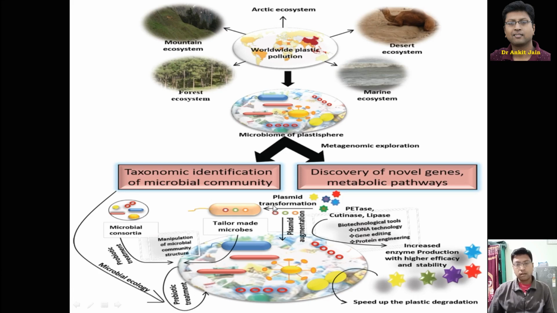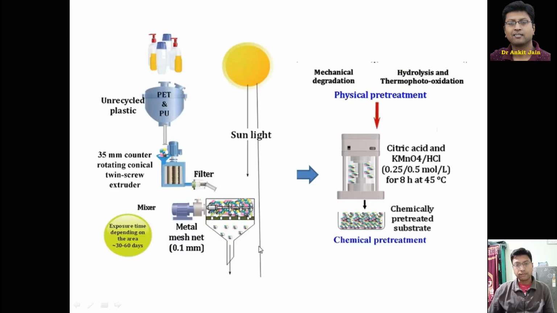So these different microbes will be genetically engineered, and genetic engineering with the help of plasmid transformation will work to produce a high concentration of different enzymes that leads to degradation.